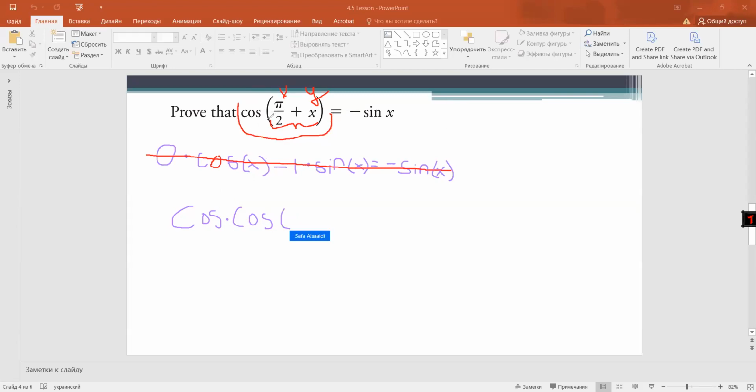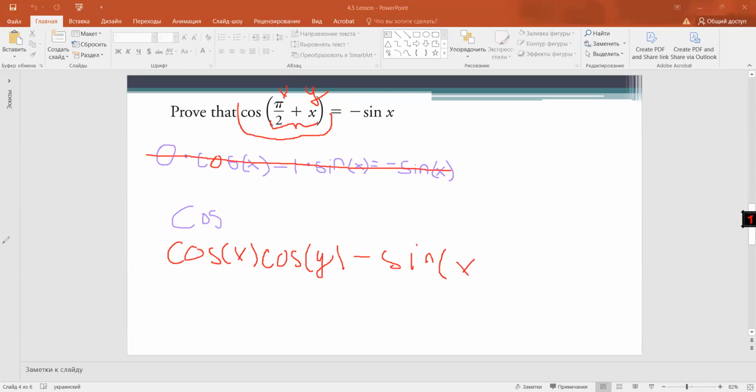So in order to multiply cosine by something, no, Safa, sorry for interrupting you, but the proper formula would be cosine x times cosine y, subtract sine x times sine y. And x and y values are the ones in the brackets.